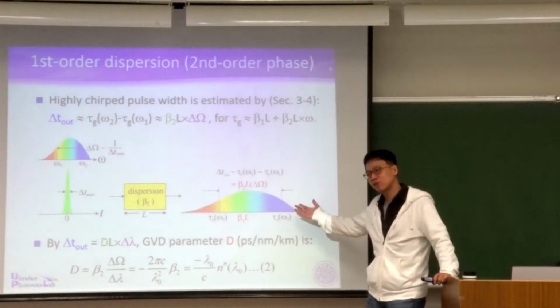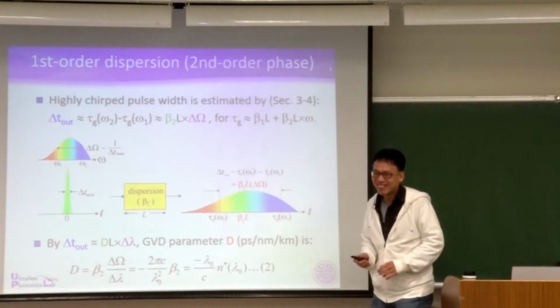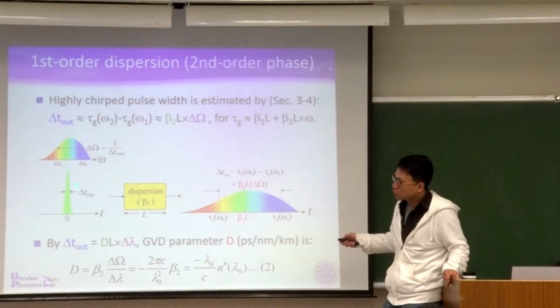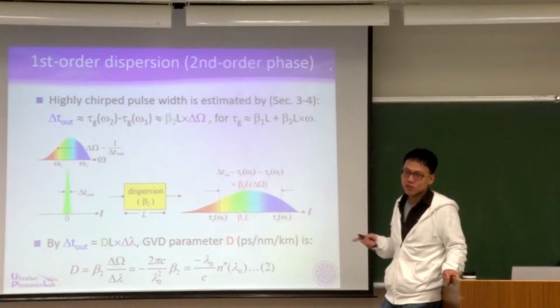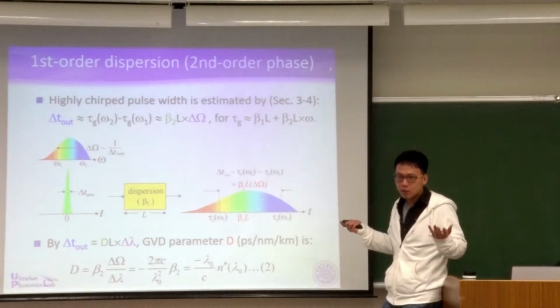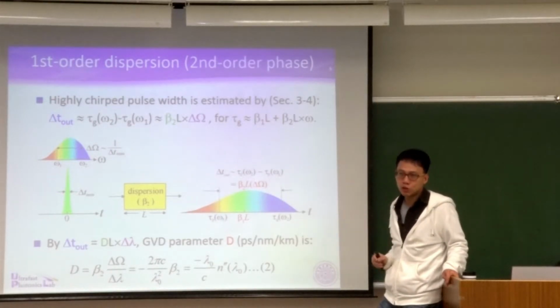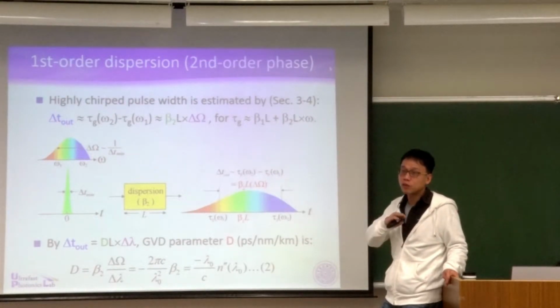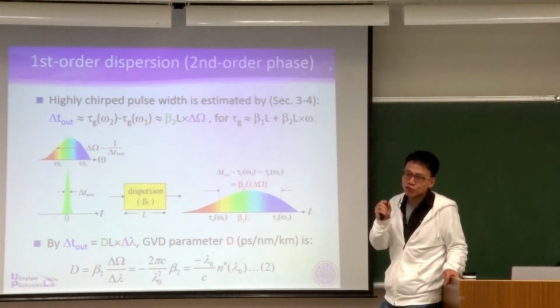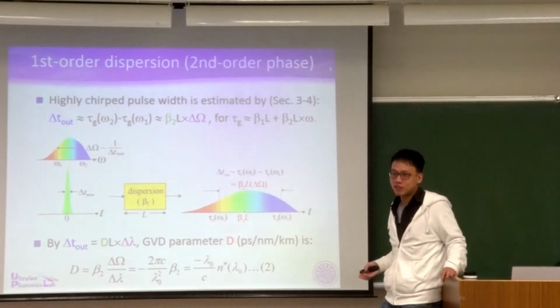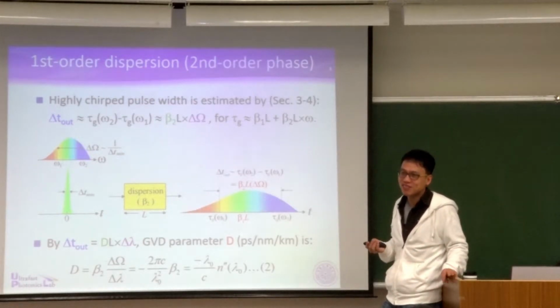Great, you have deep understanding about the derivation of this formula. Although this picture is quite easy, but be careful. It only applies when your output pulse is much broader than your input pulse. This picture works. Otherwise, it's a matter of redistribution of your different frequency components within your input pulse envelope. The output pulse duration can never be shorter than the input. If your input pulse is already transform limited, there is no way you can compress it without creating new frequency components.